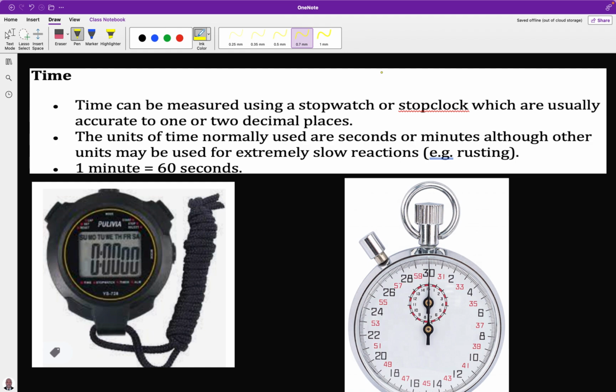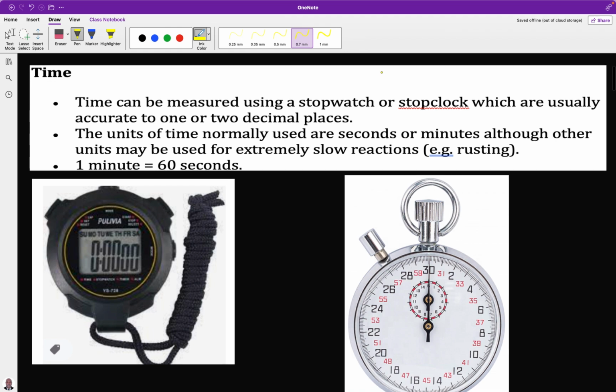The units of time are normally seconds or minutes. But in some cases, like in a slow reaction, like in the process of roasting, we can use minutes. There are 2 types of equipment in this case.